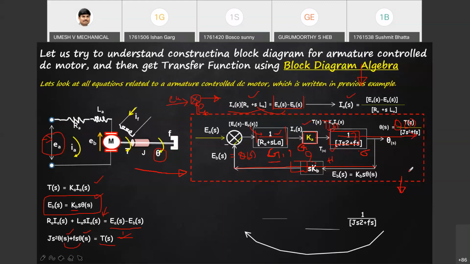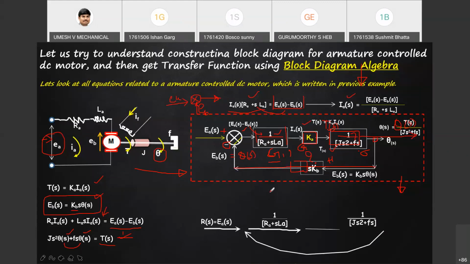Just to give you an idea what the signal flow graph is, it is the same as the block diagram. This is called a takeoff point. This is called a summing point. It algebraically sums, plus or minus depending upon the sign here. These points are represented by nodes like this.